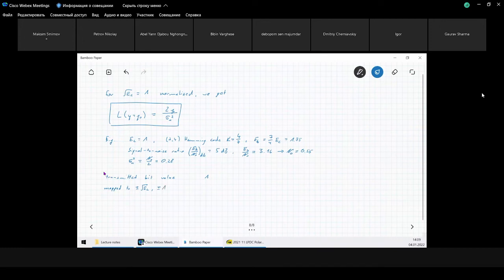So we map the 1 bit to a -1 or minus square root EC. -1.